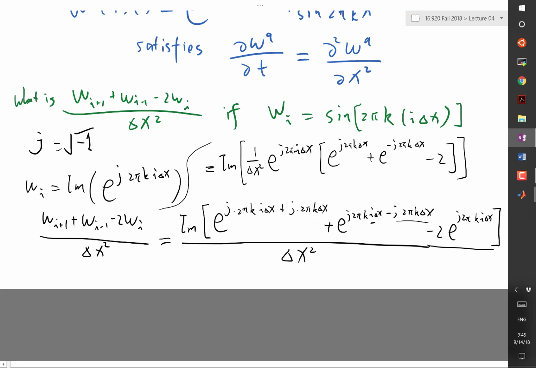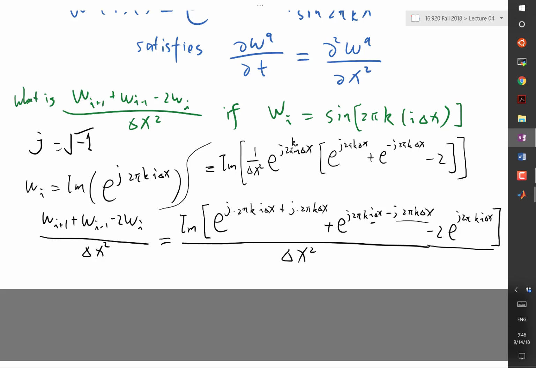Agreed? Yes, I missed the k in the first term, 2 pi k, yes.